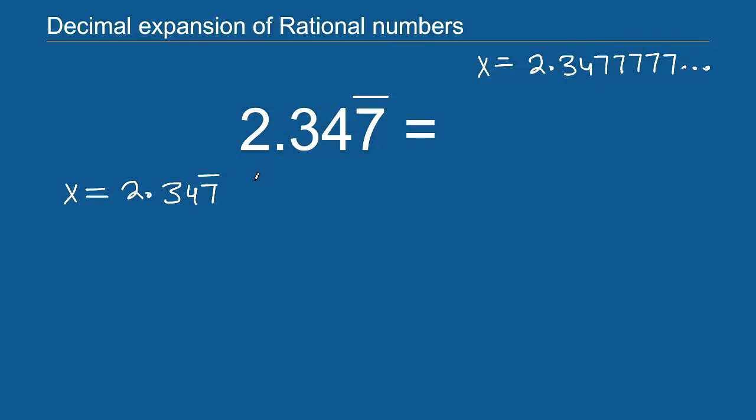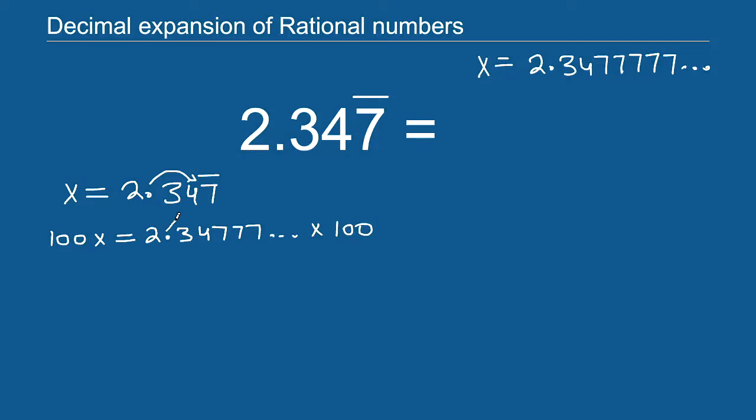If we do it this way, our goal is to move the decimal just before where the block or group of numbers that repeats starts. So we have to move it 2 decimal places to the right. How do we do that? We multiply both sides by 100. So we get 100x, which will be 2.34777 times 100.